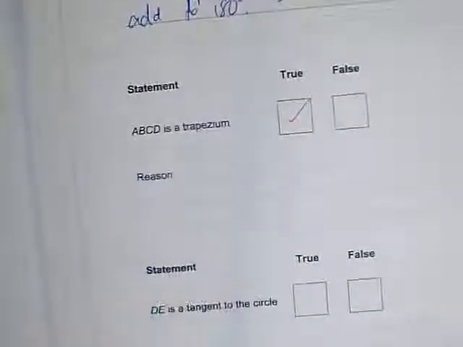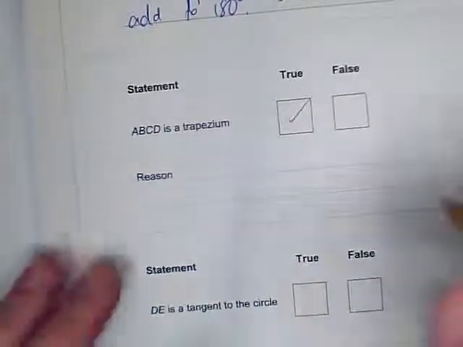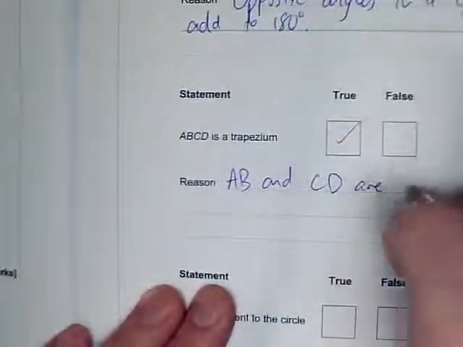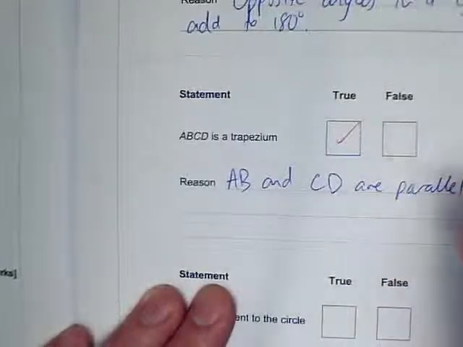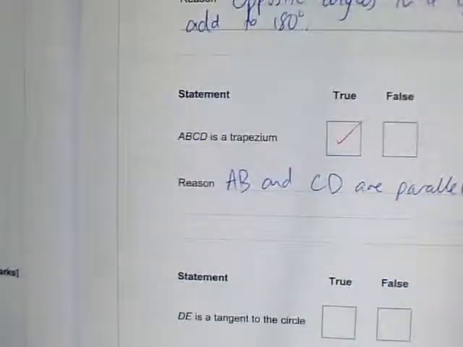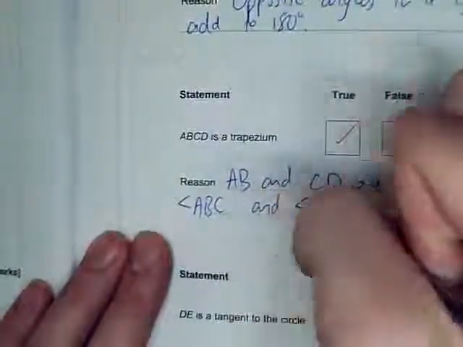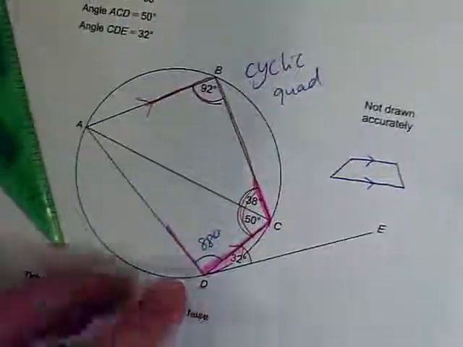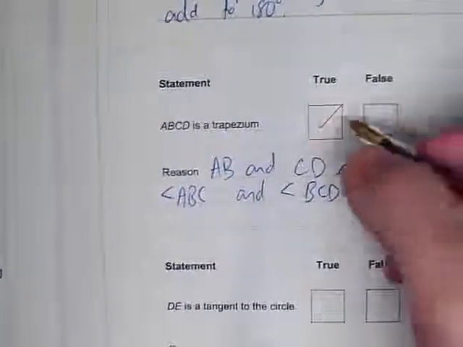So we need to find a way of explaining this. I'm going to say that AB and CD, which were these two lines, are parallel, since angle ABC and angle BCD, which, remember, were these two angles, add up to 180.